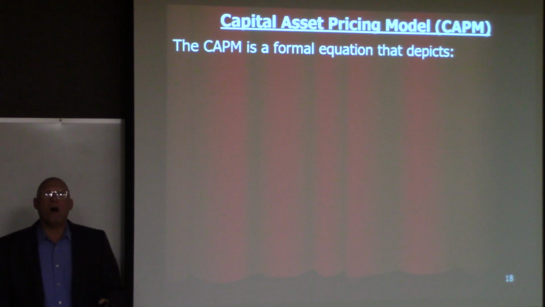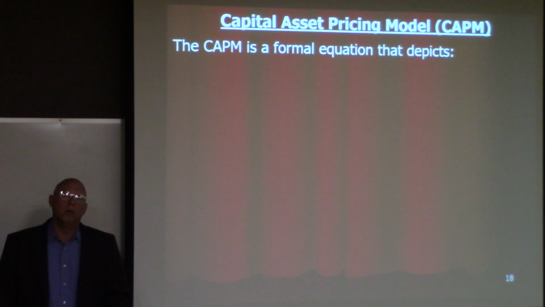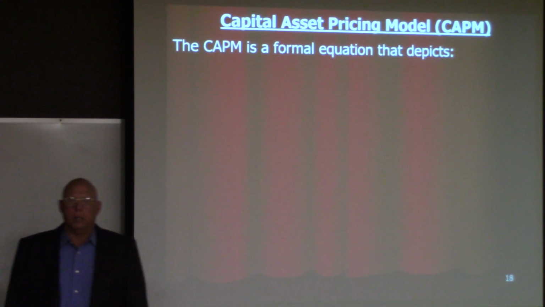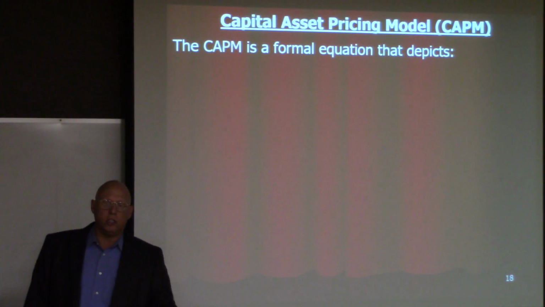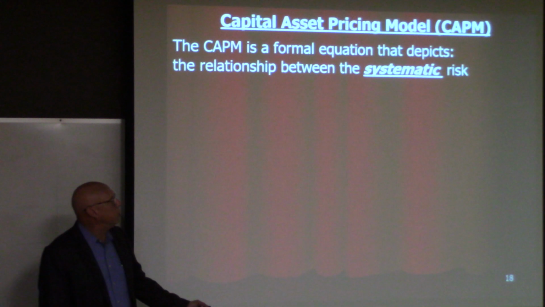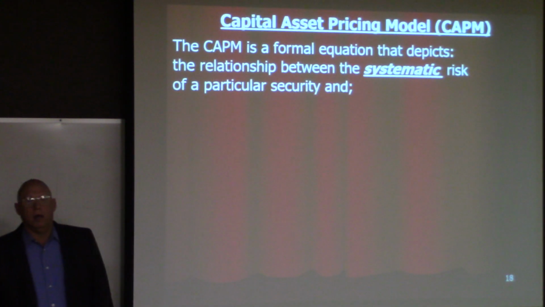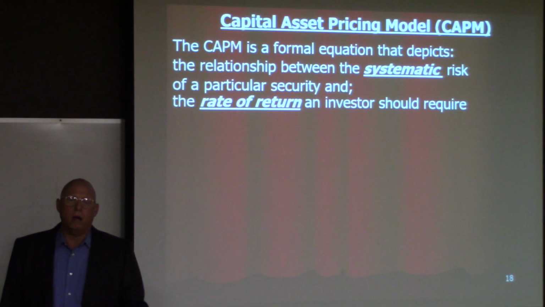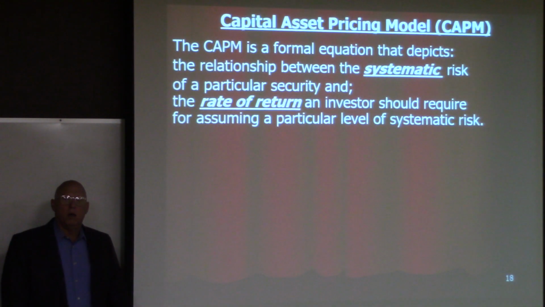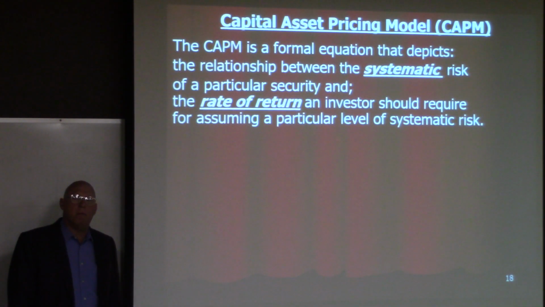Let's see how we find the slope of that line that we just looked at, that characteristic line, that security market line. All right, so the CAPM is the equation that depicts the relationship between systematic risk of a particular security and the expected rate of return that an investor should require for assuming that amount of systematic risk, or beta.